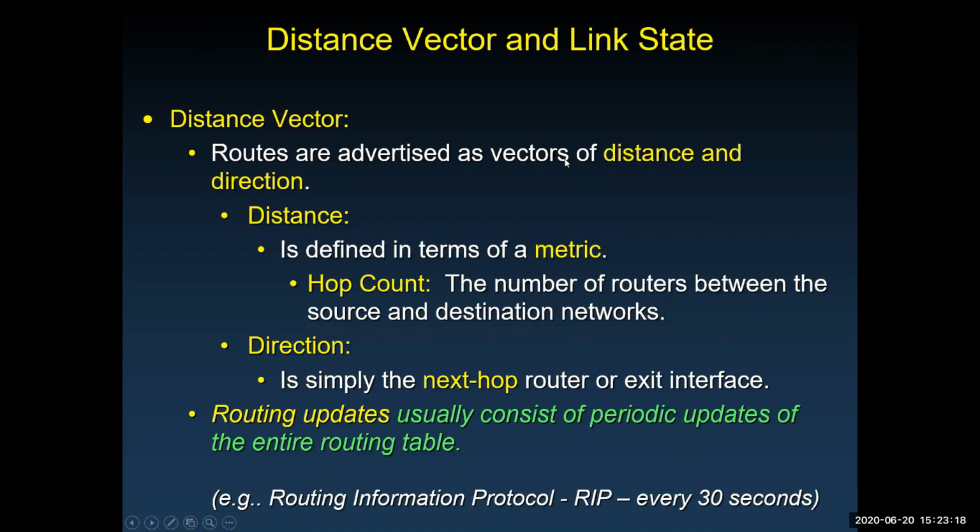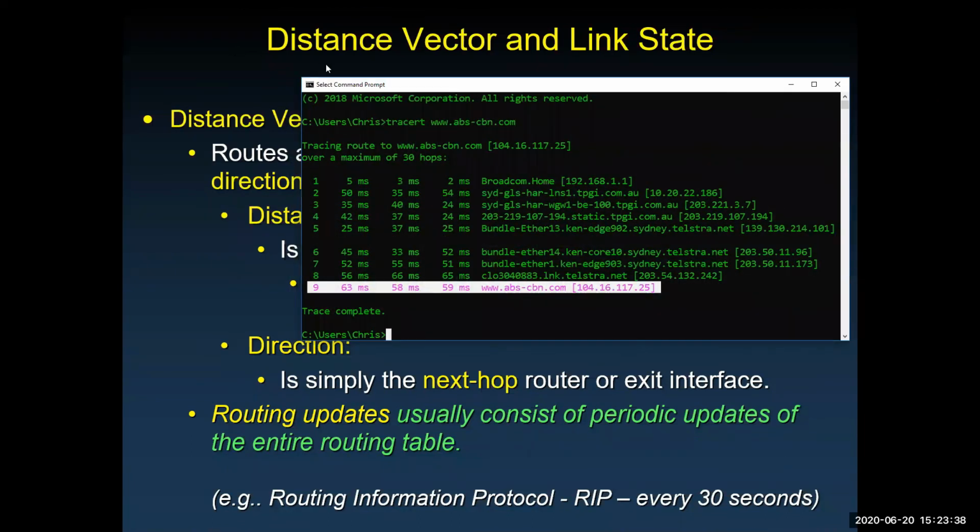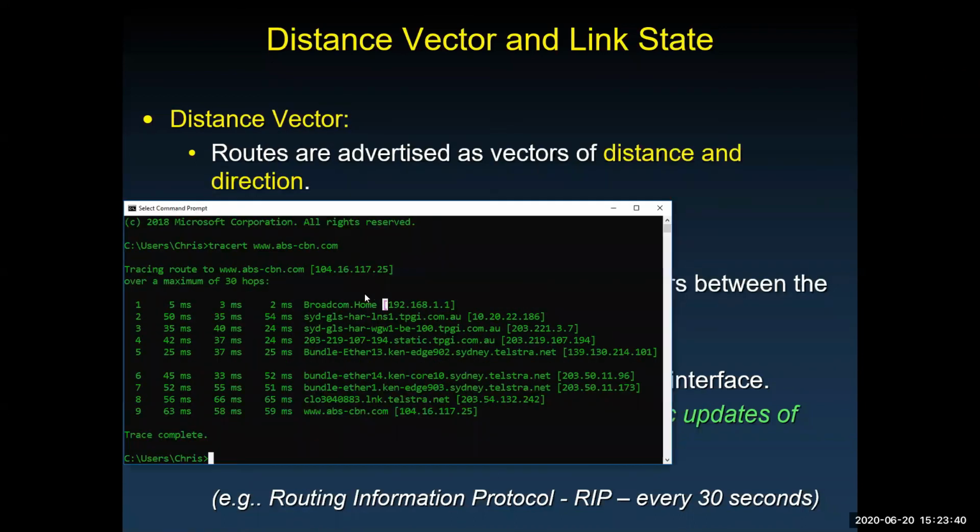So next, distance and direction: the direction in a distance vector is simply the next hop. Okay, simply the next hop. So what do you mean by next hop? Let me ask, Christian, what is next hop? Christian, what is next hop? In my case, who is my next hop?